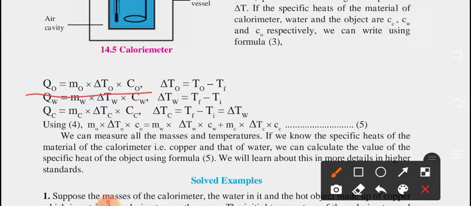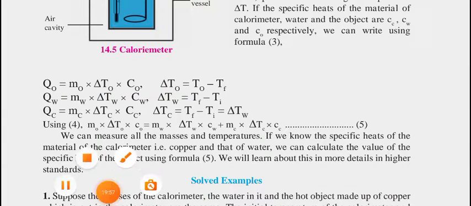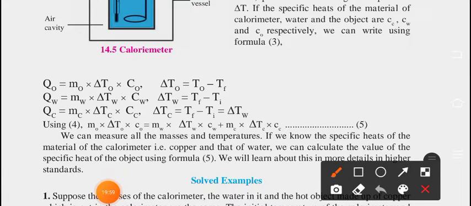Qo means the heat of the object which we are inserting in the hot water in the calorimeter. Similarly, the change of temperature for the object is To minus Tf, the object's temperature minus its final temperature. Okay, so these are the formulas. This is Qw.